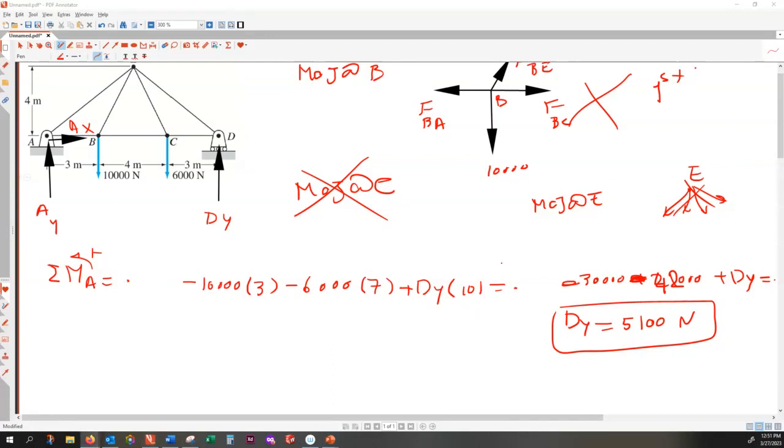That is 8,800. And now writing the forces equilibrium in y direction, that is AY minus 10,000, 6,000, that is 16,000.